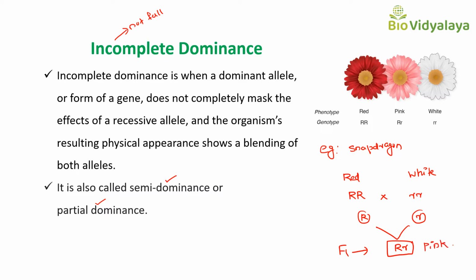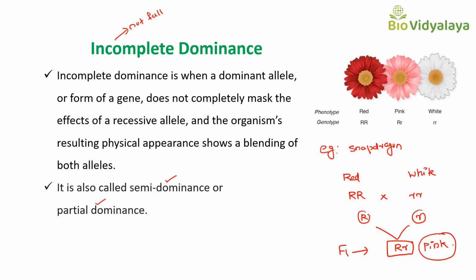Why is the phenotype pink here? Because the dominant allele capital R does not completely mask the effect of the recessive allele small r. That's why we are getting an intermediate color, pink.